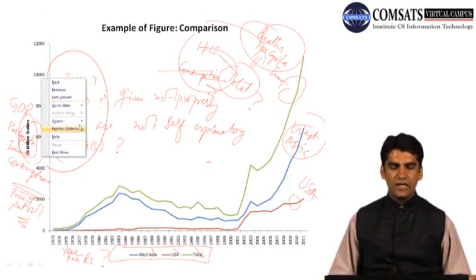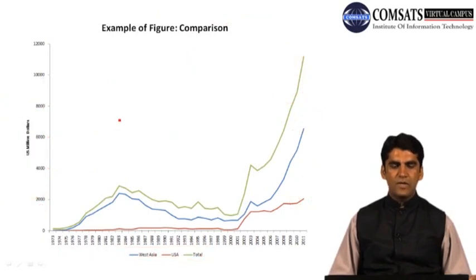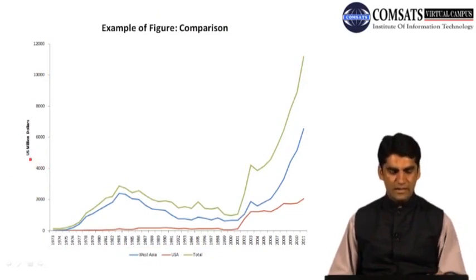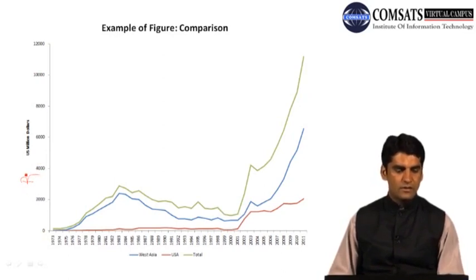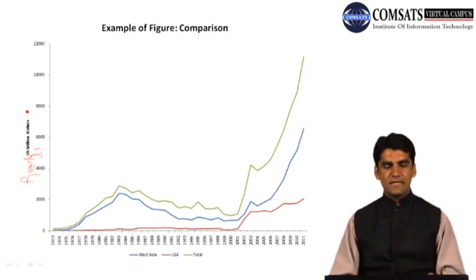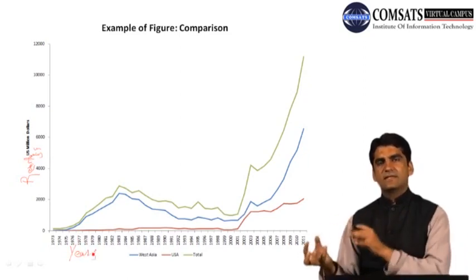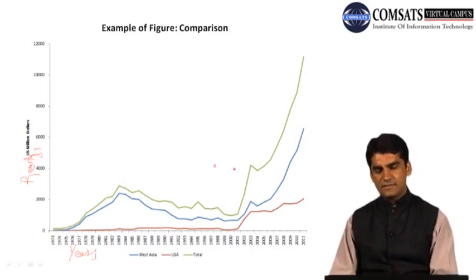Now we will try to learn how we can make this graph more presentable. Here we have to add a word, remittances. So, remittances in US million dollars. Now this unit of measurement is actually explained. Here we have to say years, because the data is on a year to year basis.